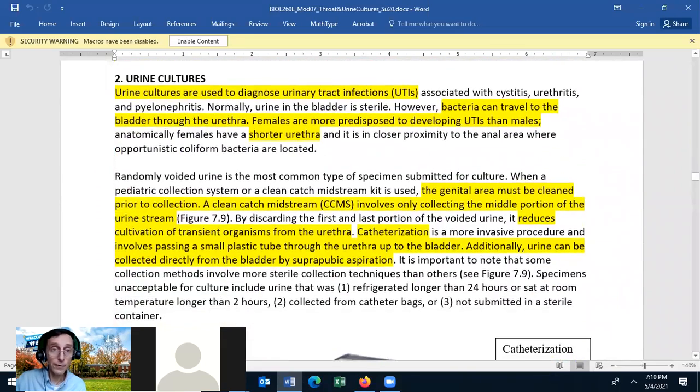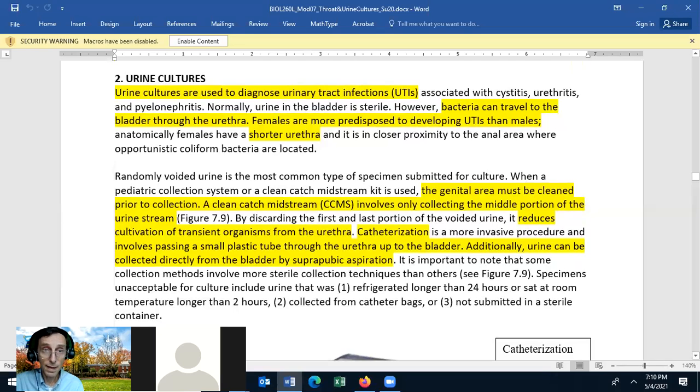All right, urine cultures are used to diagnose a urinary tract infection, or UTI. Bacteria can travel up the urethra to the bladder, and females are more predisposed to developing a UTI than males because of their shorter urethra.